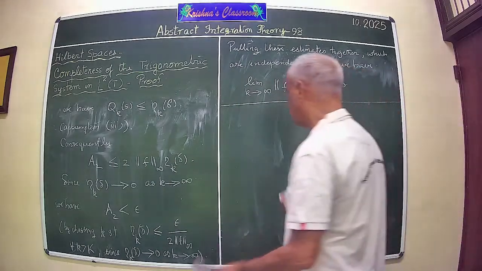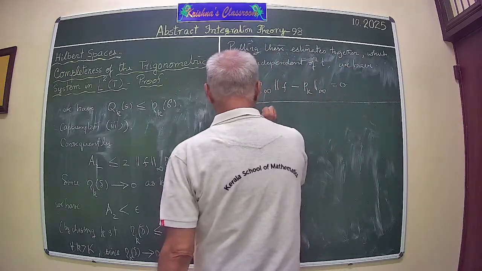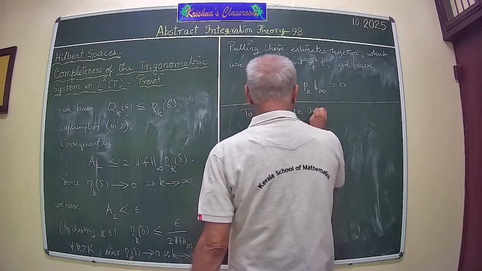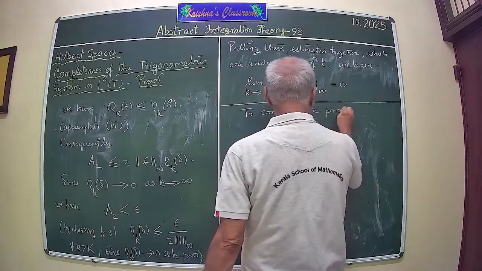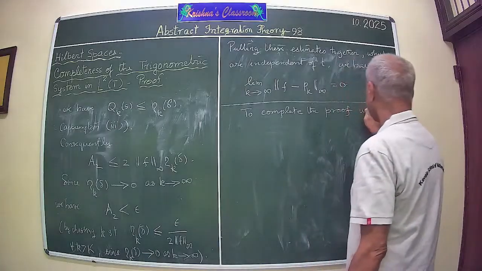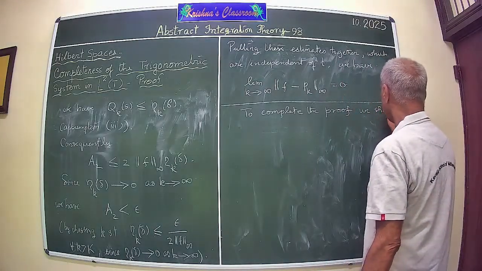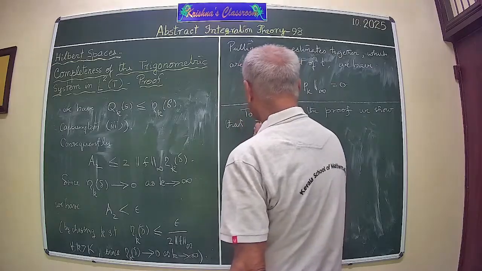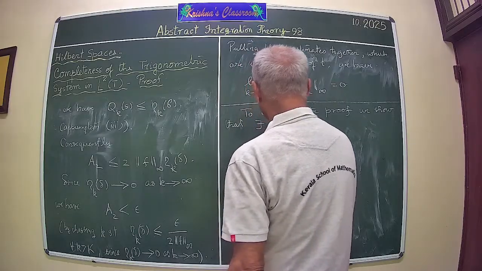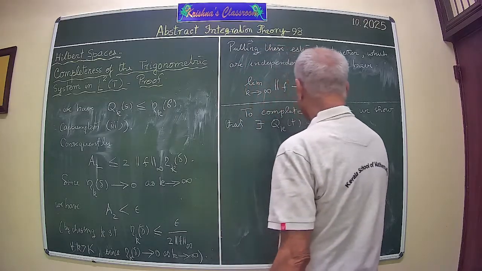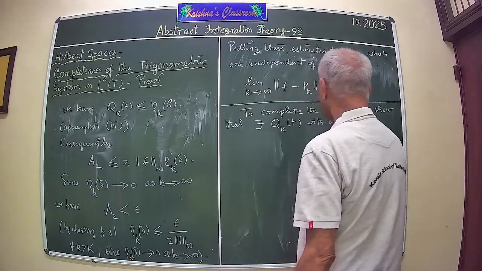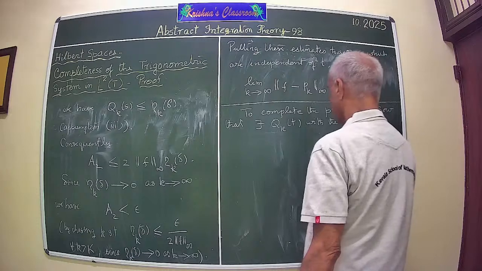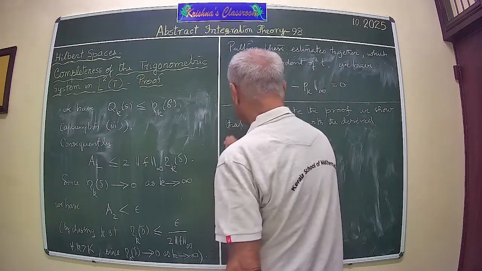Therefore, to complete the proof, we show that there exists qk with the desired three properties.